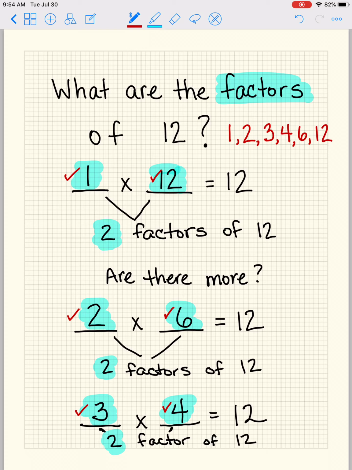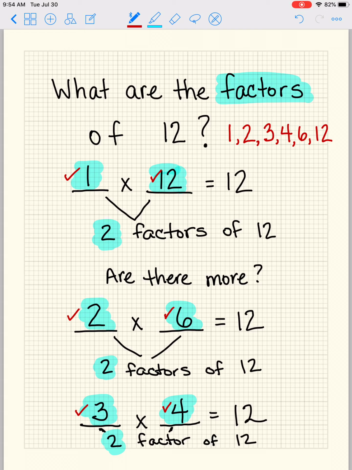Now, sometimes you will hear people refer to a factor rainbow. And I will show you how the factor rainbow works. You're just going to connect the factors that you multiply together to get whatever number you're looking for, in this case 12. You're going to connect those to show that these are the ones that are multiplied together.